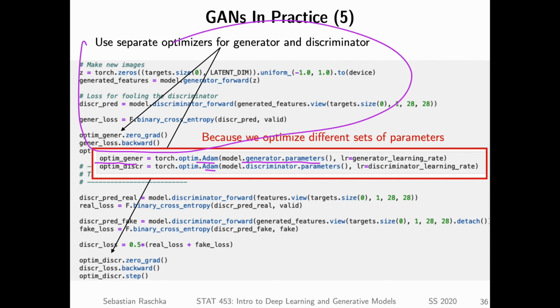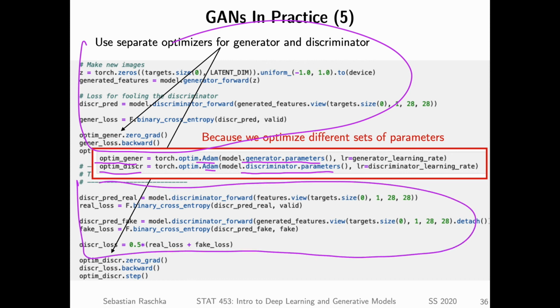And in the same way, for the discriminator optimizer, we only provide the parameters of the discriminator. So for that part, we don't update the generator, and with that we can make sure of that. Also, if you like, you can use different learning rates, which is sometimes necessary to get good equilibria when we train the GAN.